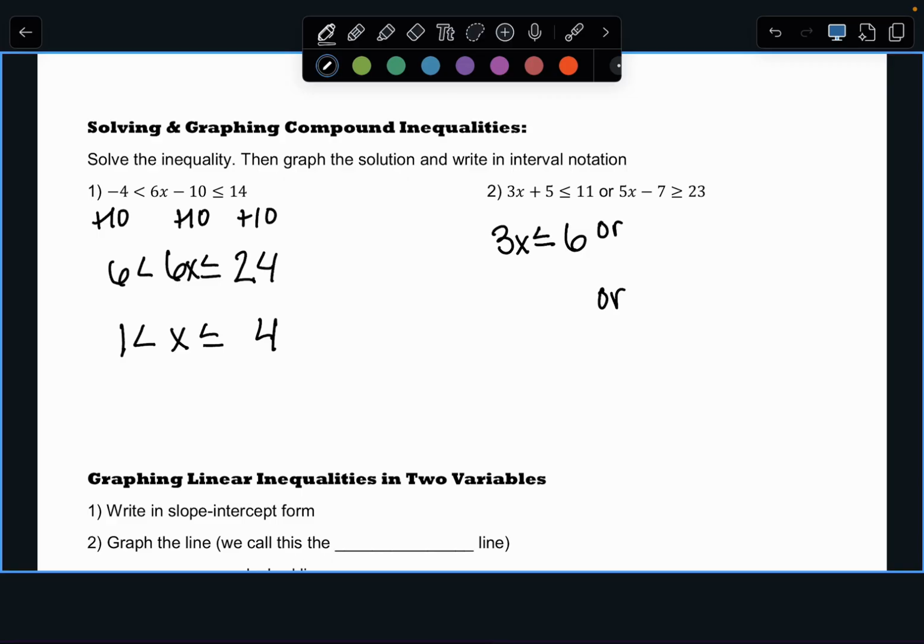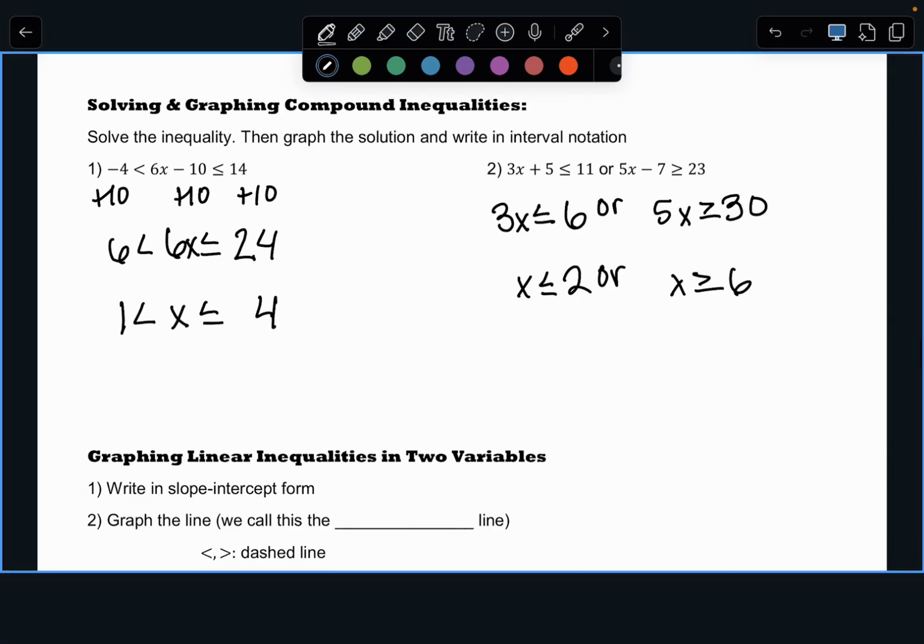Divide by 3. And we get x is less than or equal to 2. Okay. Next one. We should add what number? 7. We get 30 on the right. We divide by 5. We get x is greater than or equal to 6.